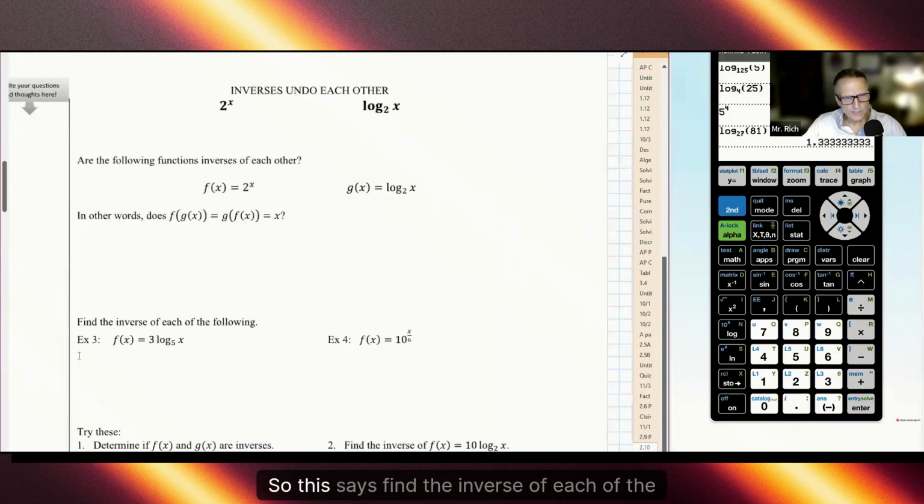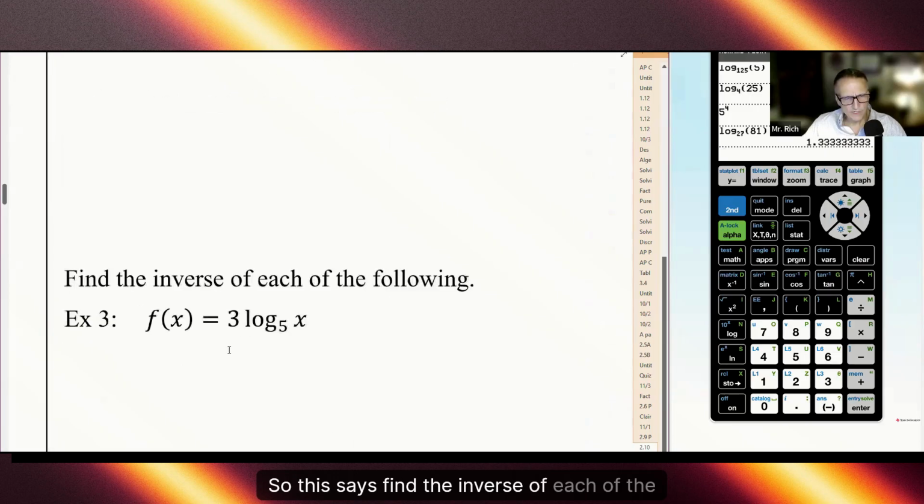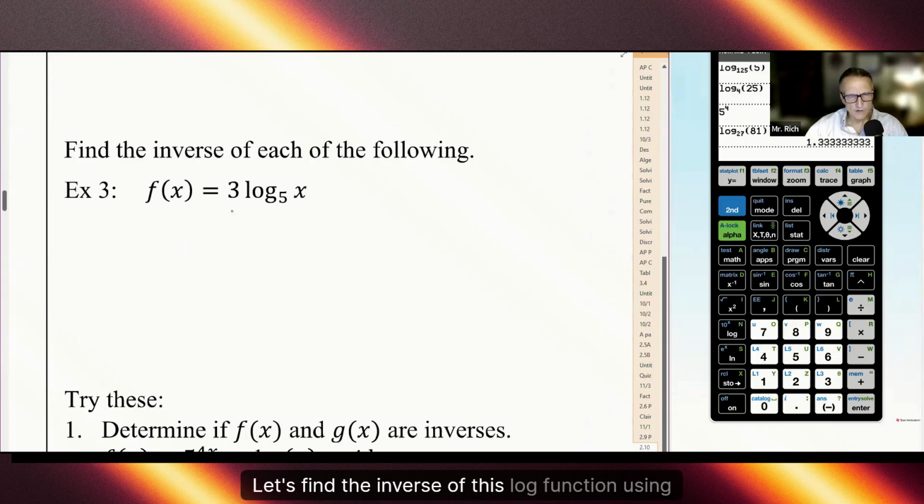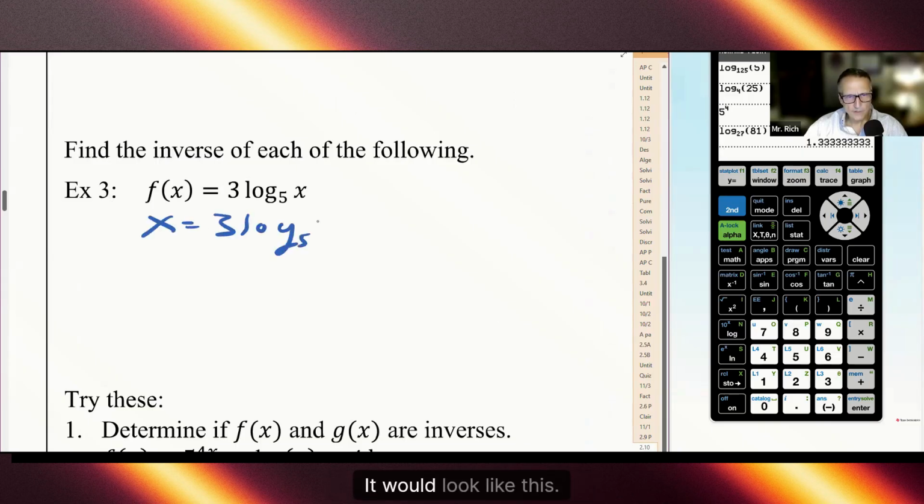Right. So this says find the inverse of each of the following. Okay, well, let's find the inverse of this log function using what we know about inverses. To find an inverse, I would swap my variables. It would look like this. And then our job is to solve it for y. Well, what I would do is I would divide by 3.